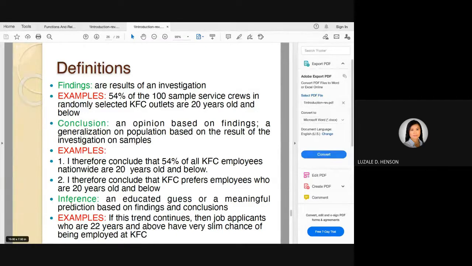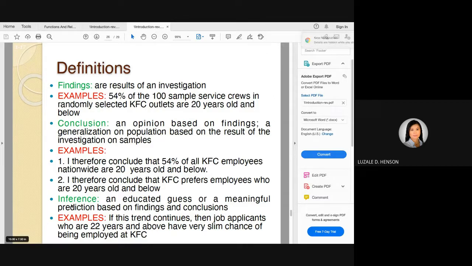Now, further on definitions, class, let's distinguish these three: findings, conclusion, and inference. What's the difference between this? When you write your thesis, pag sinabi mong findings, ito ay describing ng result ng investigation, let's say in terms of proportion, referring only to your collected data.